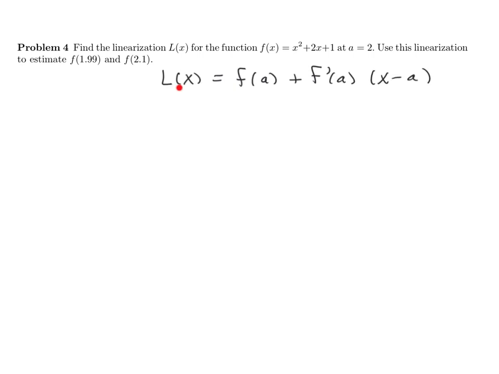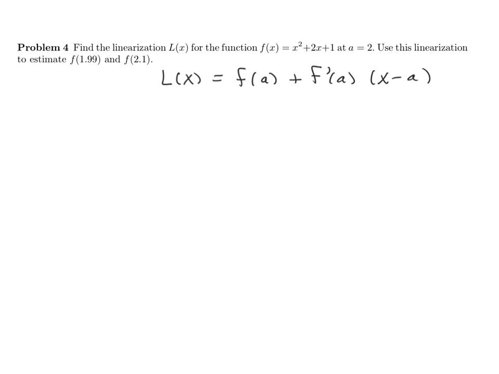It turns out that the linearization very closely approximates the function, provided that you are close to the value 2. So just keep in mind that this formula is really just asking you to find the equation of the tangent line to this function at 2.